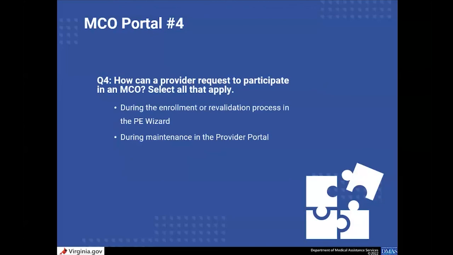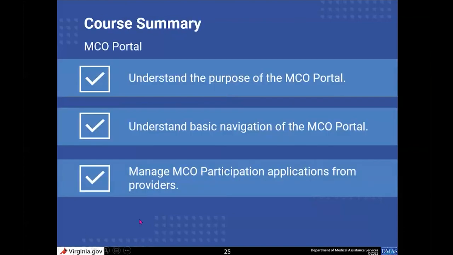Select all that apply. The answer to this question would be both. A provider can request to participate in an MCO during the enrollment or revalidation process in PE Wizard and during maintenance in the provider portal.